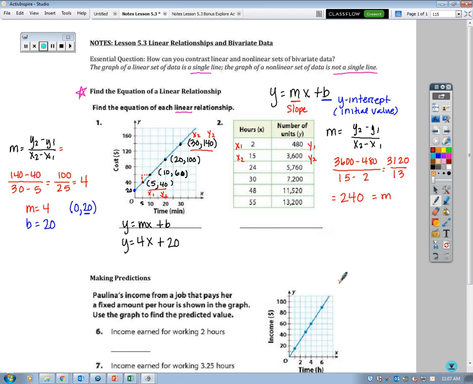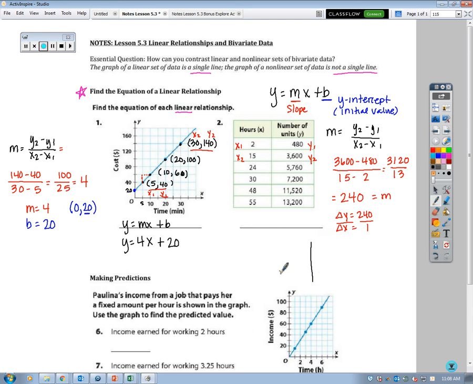Okay? So if my slope is 240, that means my change in y is 240 and my change in x is 1, right? So I can work backwards on my table to determine my y-intercept, and that would be minus 240. I'm just going to do a little graph over here so you guys can see that.